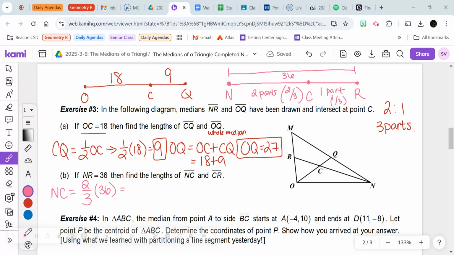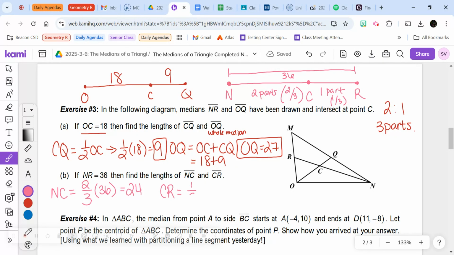So let's do that. If I have the 2/3 times 36, I get 24. And we can use the trick that we had up above, but just so that we're really driving home the point of using the fraction of the parts multiplied by the whole length of the segment, I'm going to do that again here for CR.